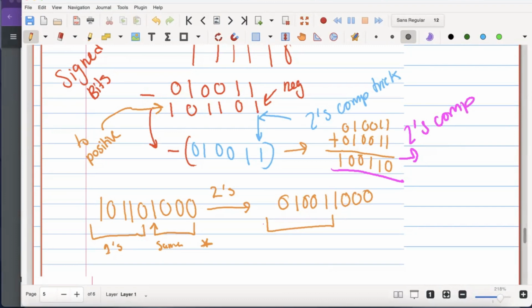Well, we're going to use the same trick that we learned before. We track it up to the first 1. So this is 0, 1. We got our first 1. Now for the rest, we take the 1's complement. So this is 0, 1, 1, 0. So we got negative 0, 1, 1, 0, 1, 0 as our answer.